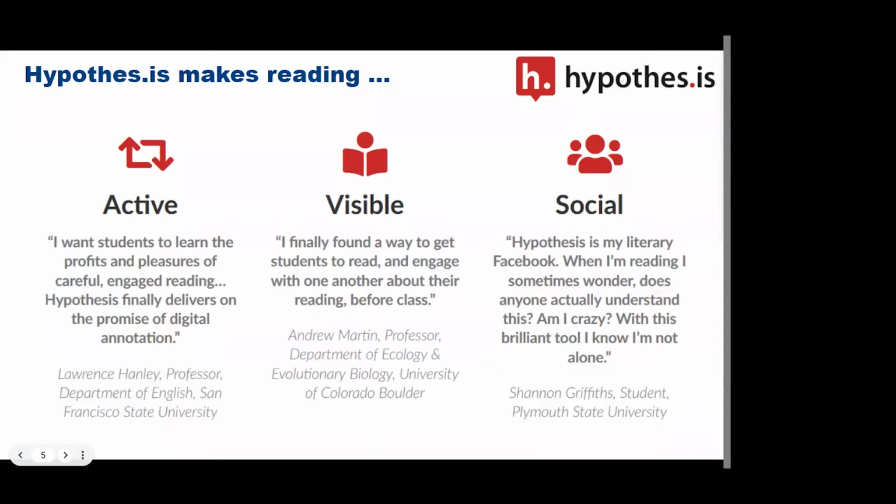It also raises the visibility of the resources, and it makes it very social because it's a collaborative tool. Many people can use the tool at the same time and collaboratively annotate the resource, whether it's a PDF document or a web page. So effectively, hypothesis makes reading active, visible, and social.